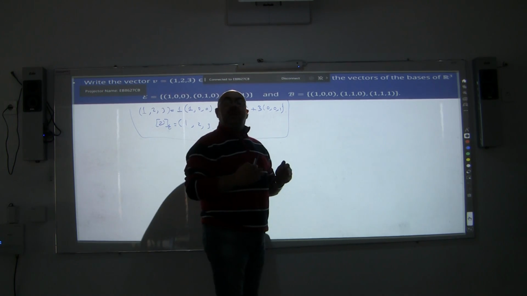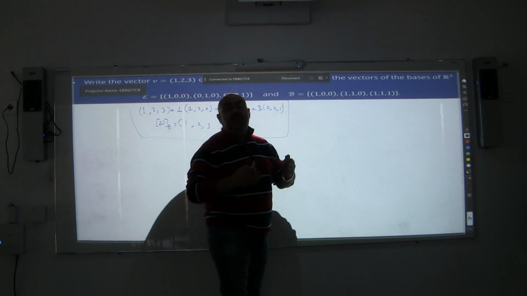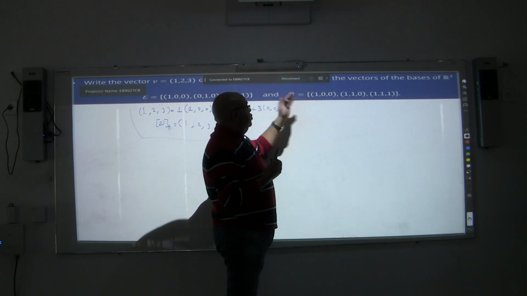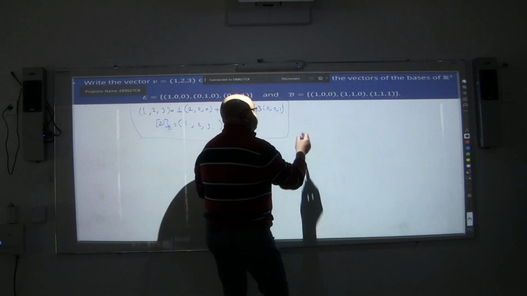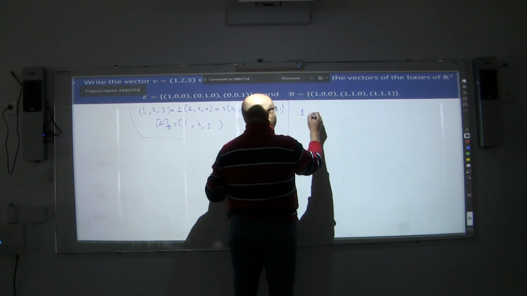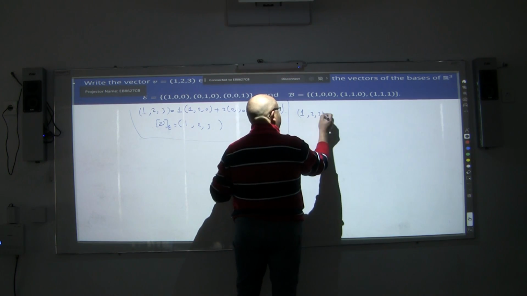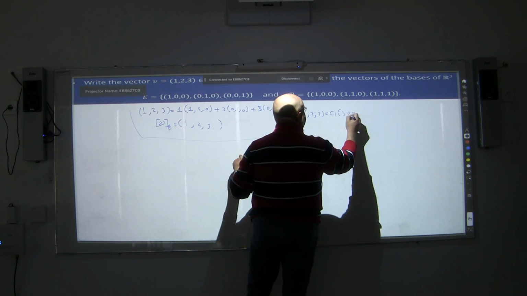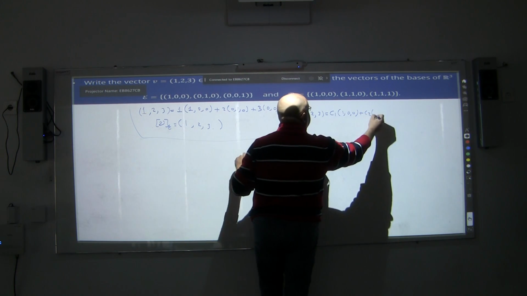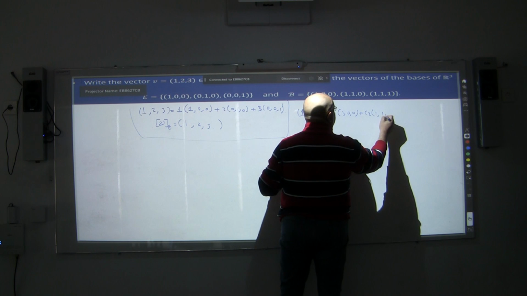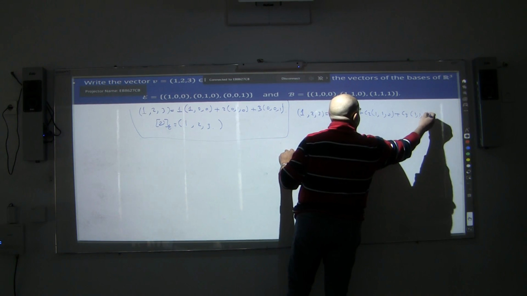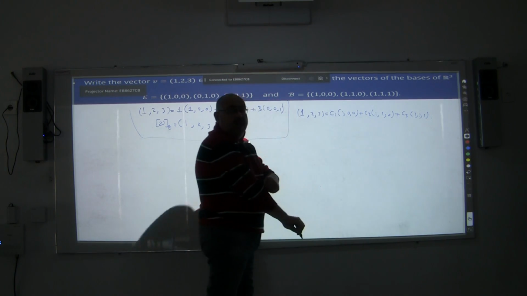It's exactly finding the coefficients that I can use with this basis in order to get our vector. So simply, all I have to do is write (1, 2, 3) equal to C1 times (1, 0, 0) plus C2 times (1, 1, 0) plus C3 times (1, 1, 1).